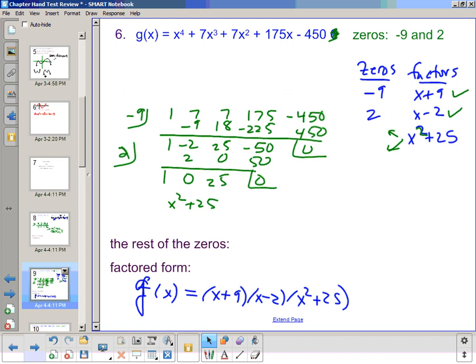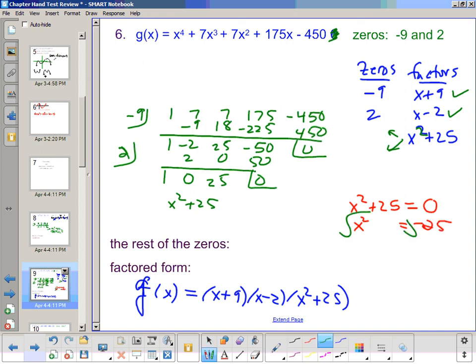And many of you have jumped into solving this using the quadratic formula, and I think you'll be happier finding the zeros if you just do two steps of subtracting 25 and then taking the square root of both sides, of course remembering positive and negative roots. And there you have it. Those would be the last two zeros, 5i and negative 5i.